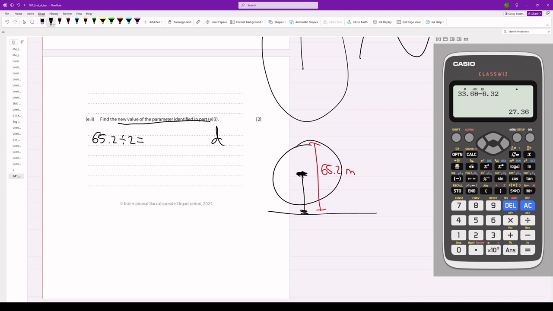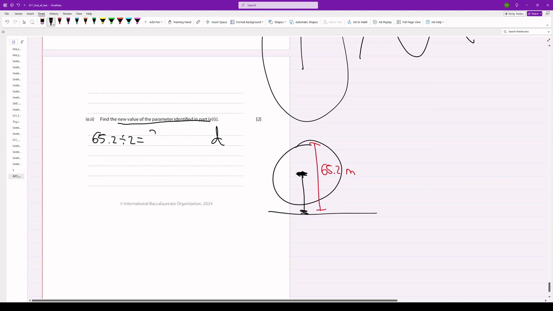Do you know what? I really wish I had the ability to do this in my head. Divided by 2. 32.6. There you go. Job done.